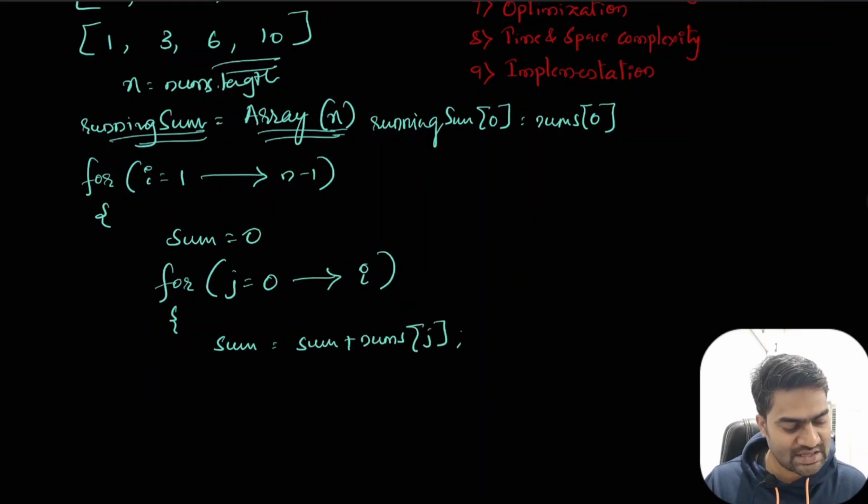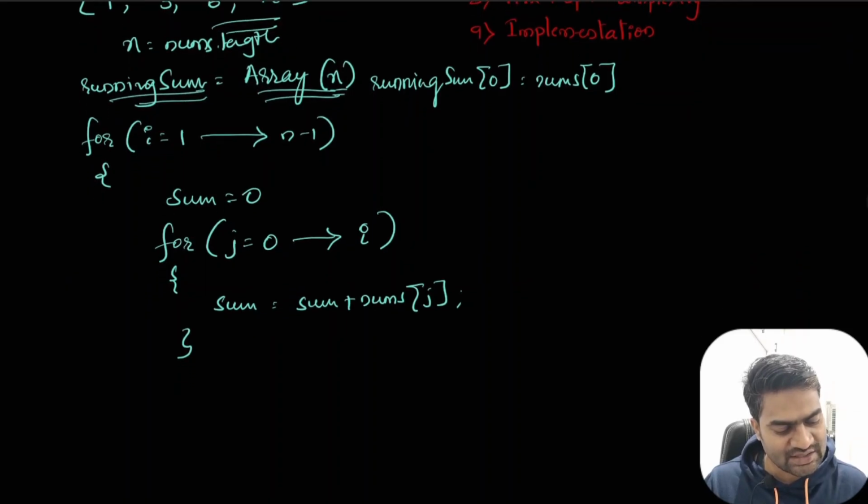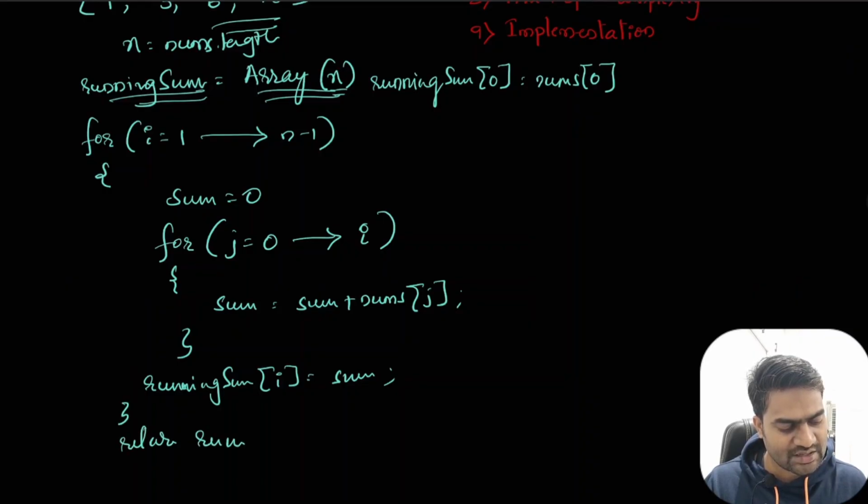This will give us the sum. Then at the end, runningSum[i] equals this sum. Finally, I will return my running sum array.